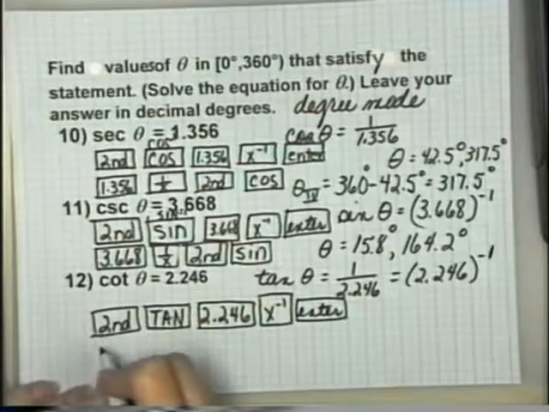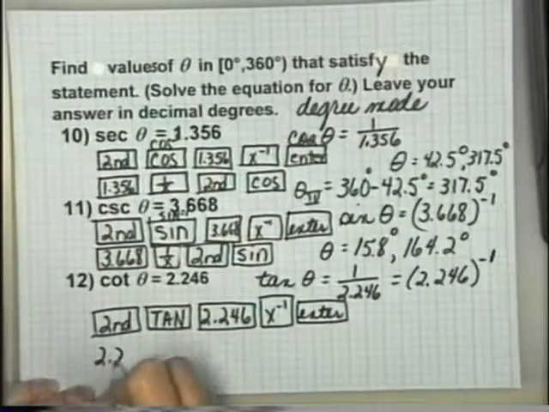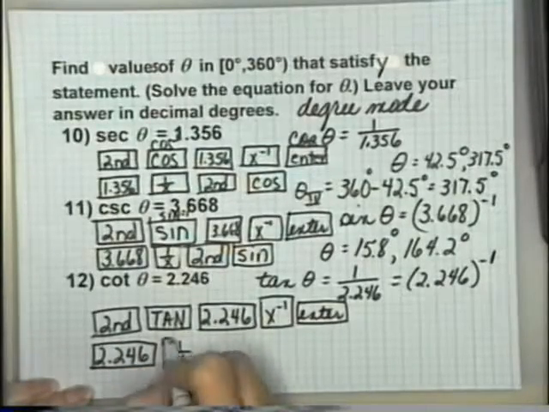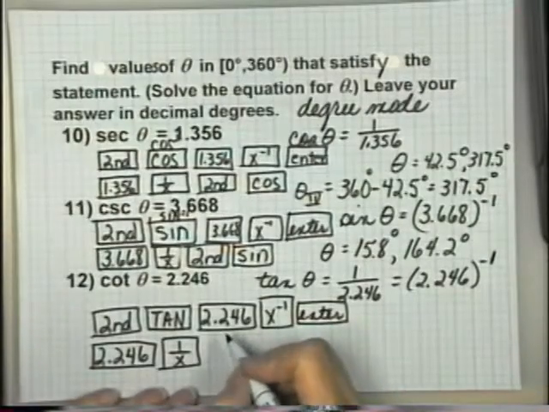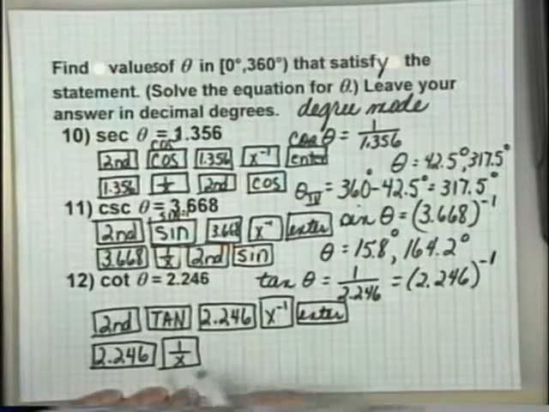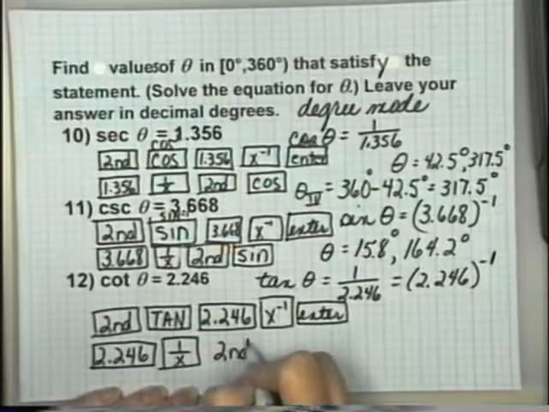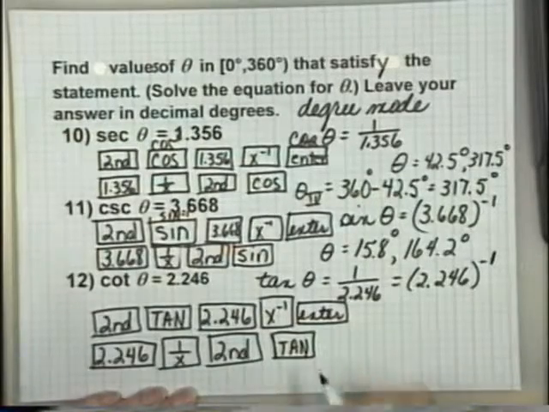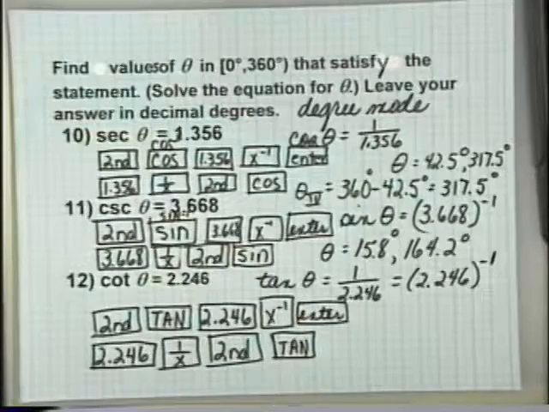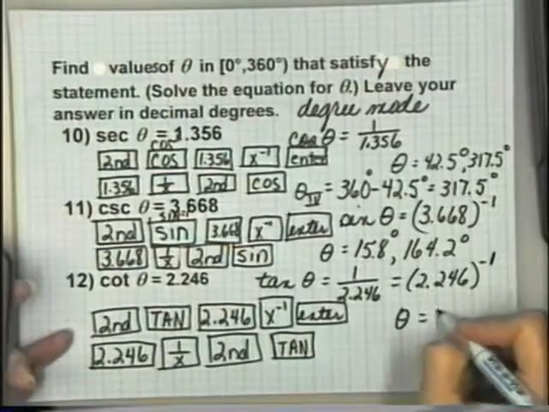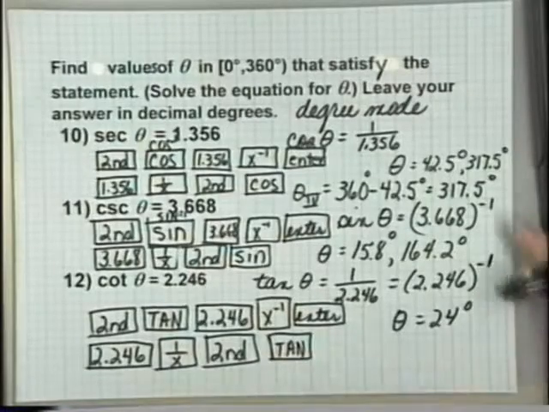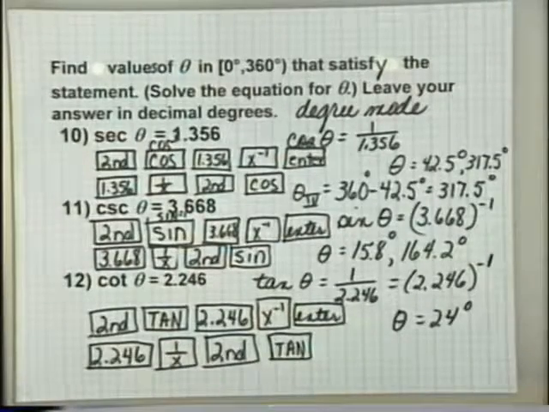For your scientific calculator, you want to put your 2.246 in, find its reciprocal by hitting your 1 over x button, to find the angle whose tangent is equal to this reciprocal. Second function, tangent. We get theta. Actually, rounded to the nearest tenth would be 24.0 degrees. We'll just write the 24 like that.